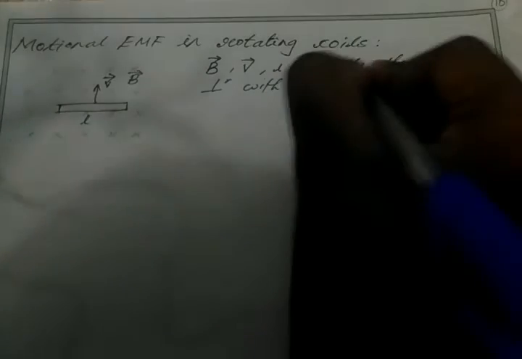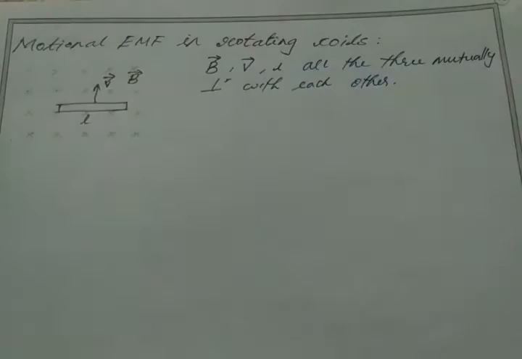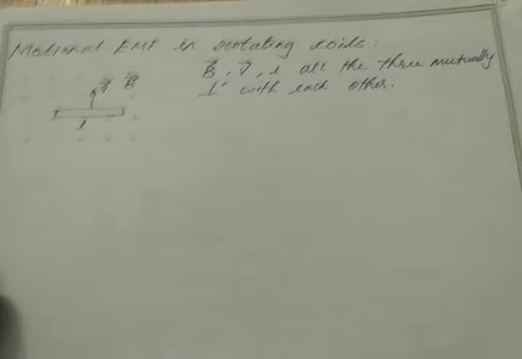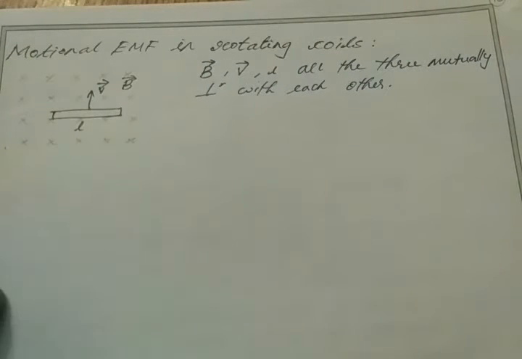Which end of the rod behaves as the positive terminal, and which end behaves as the negative terminal? This rod has two ends, the left and right end. So which is positive and which one is negative? How to find it? By using the right hand thumb rule. By finding the direction of V cross B, we can find the direction of the positive terminal. So where our V cross B is located, at that place the positive terminal is situated in the rod.